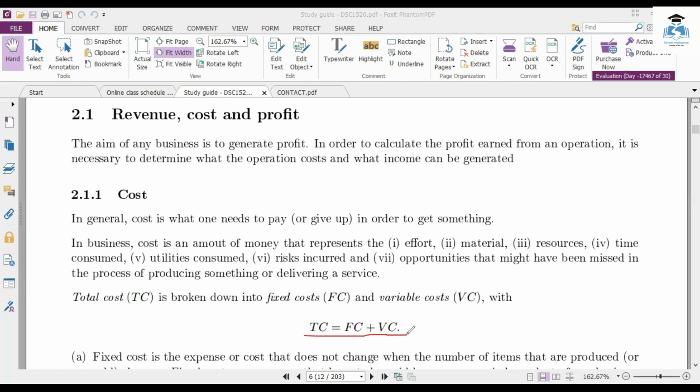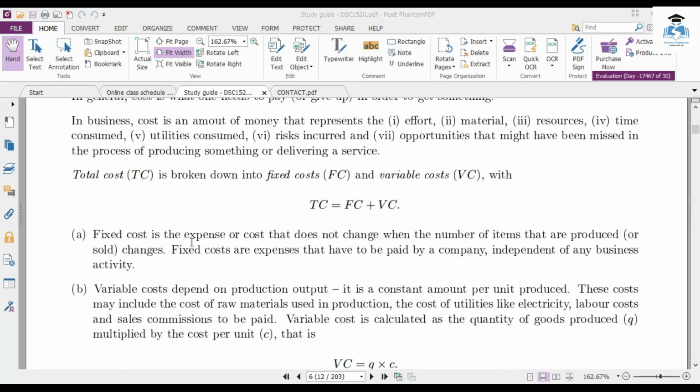So this is the formula to find a total cost. Whenever you are asked to find a total cost, when you have got the fixed cost and the variable cost, you know that you will use this formula. Okay. So pay attention, take note of this formula. It might be asked on your assignment, it might be asked on your exam. So you need to take note of this.